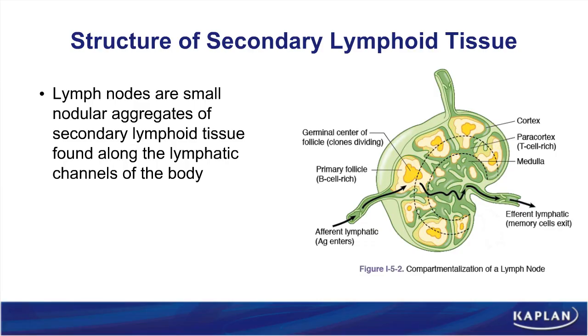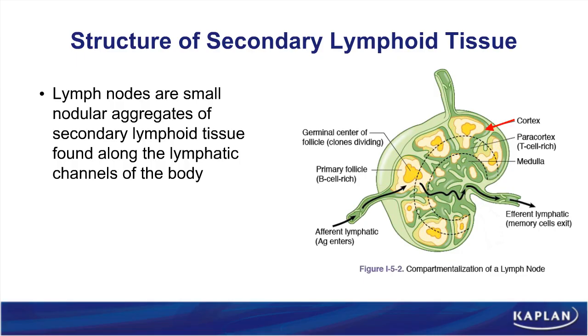You'll notice there are multiple afferent lymphatic vessels and only one efferent lymphatic vessel to ensure that the lymph flows in one direction. You'll notice that the lymph node is very compartmentalized, with the outer cortex being predominantly where your B cells reside.